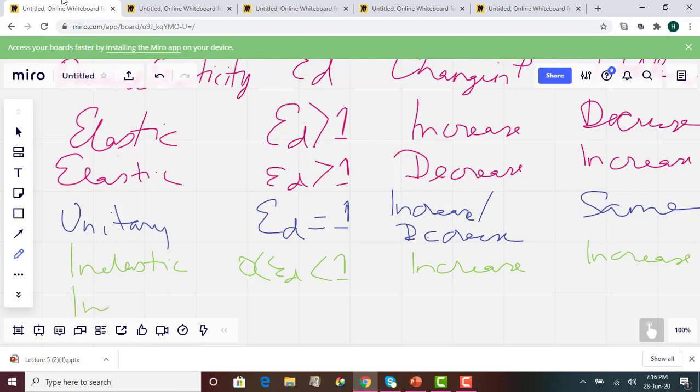And again, for inelastic, where the coefficient is between 0 and 1, if there is a decrease in price, our total revenue will decrease. So if you follow this table closely, it will help you understand the coefficients, how the total revenue will change with changes in price, and when we can define demand as elastic, inelastic, or unitary.